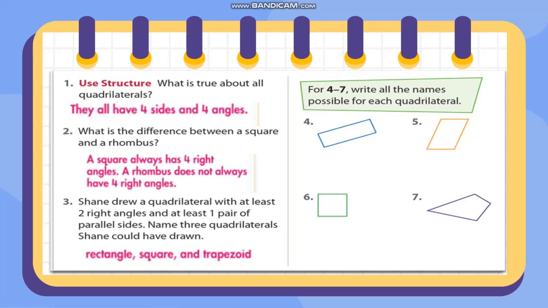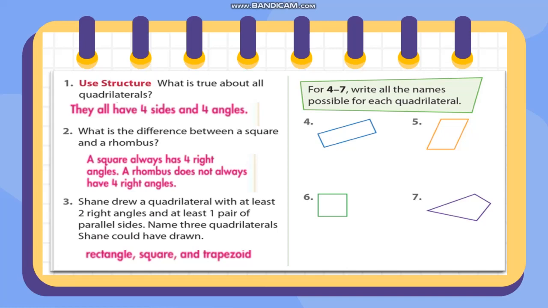Now, number 4. Write all the names possible for each quadrilateral. In order for you to identify or classify the quadrilateral, you must first identify the specific name of this quadrilateral. So this is what we call a rectangle. So rectangle is a family of what?